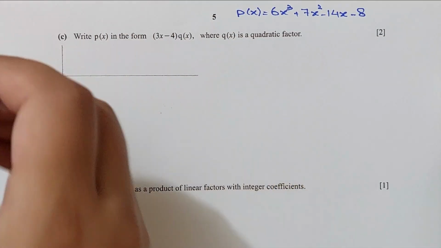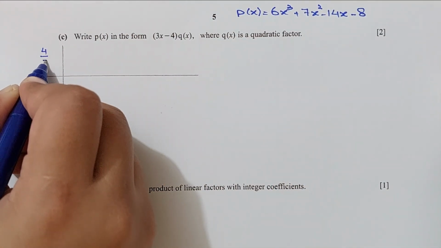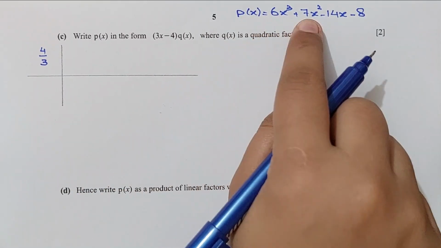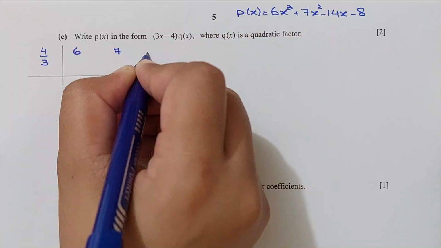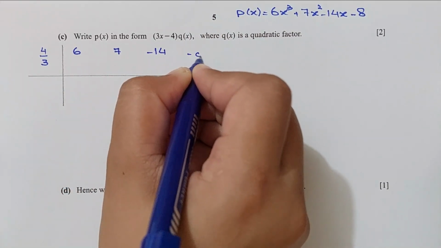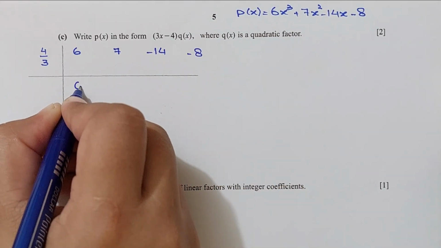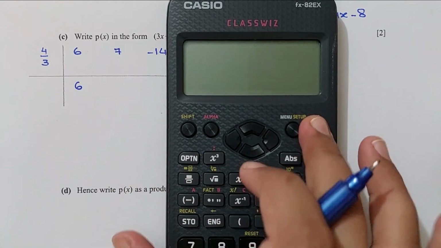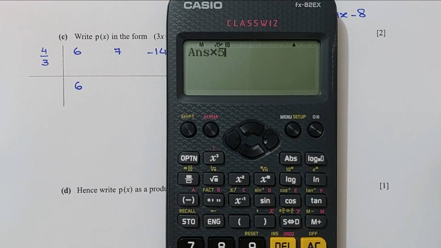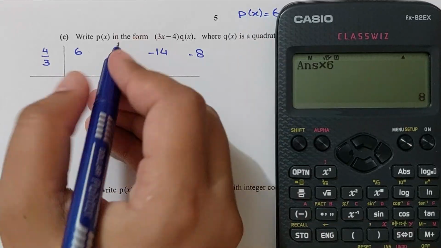So x would be equal to 4 by 3. The coefficients of x cube, x square, x, and the constant are 6, 7, minus 14, and minus 8, right? Bring the first term as it is. Now 4 by 3 is multiplying by 6. 4 by 3 times 6 is 8.